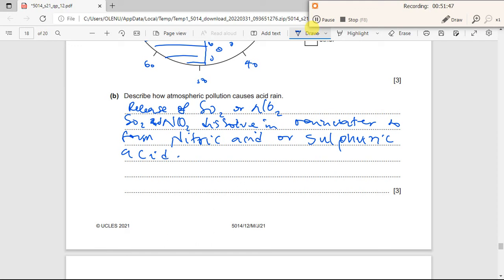So what will now happen? You find out that the pH of the water will now be reduced. It's reduced, leading to what? An acid rain. That's all.